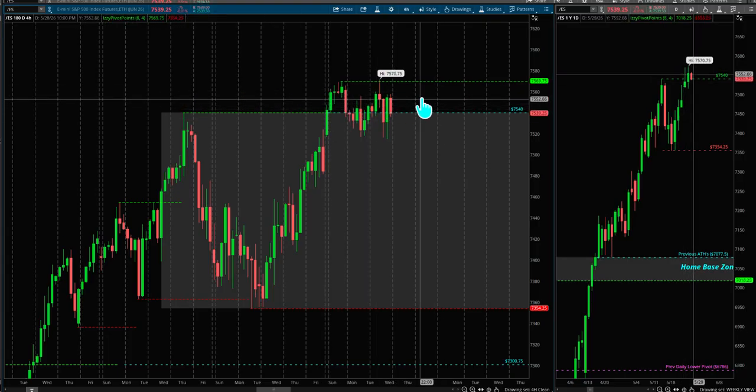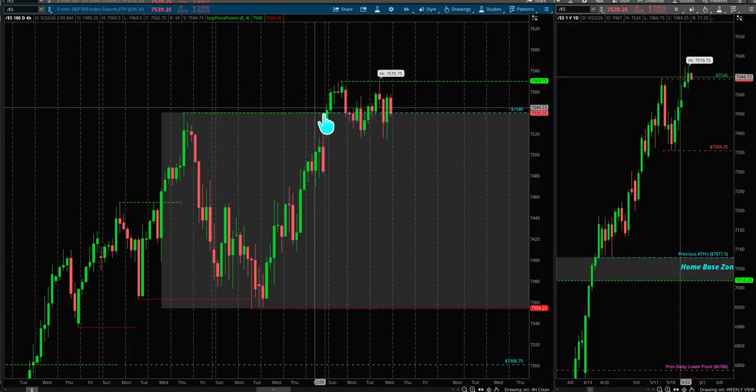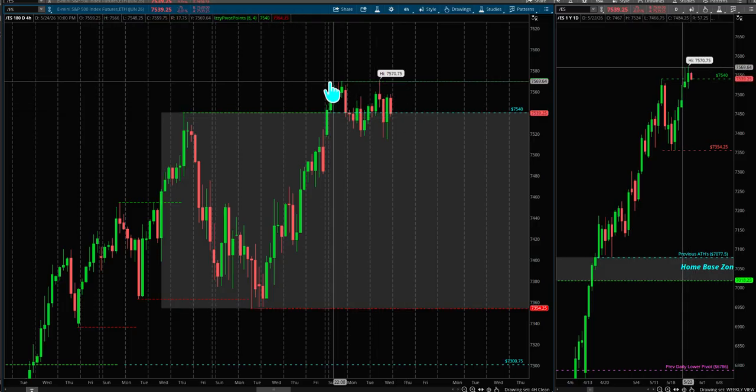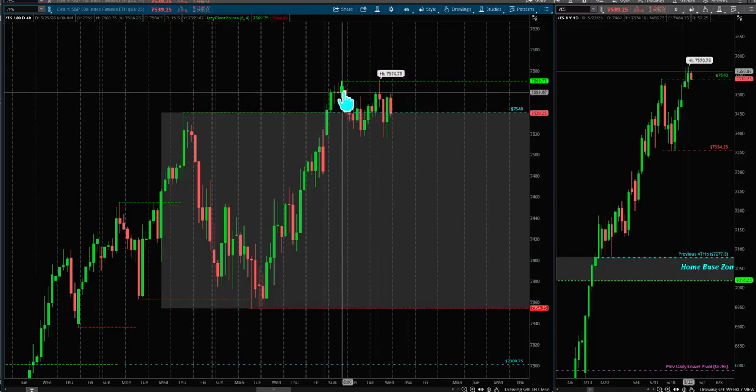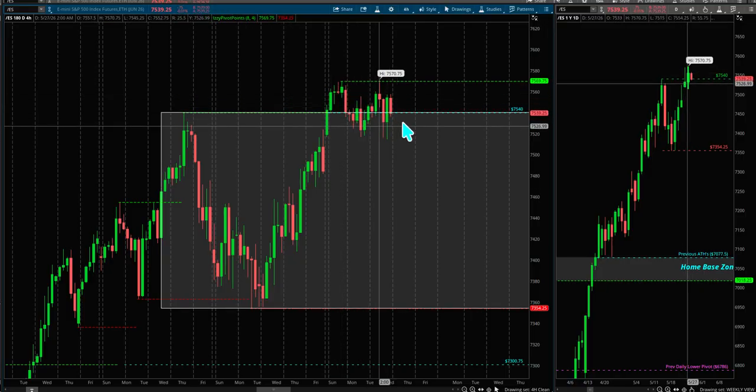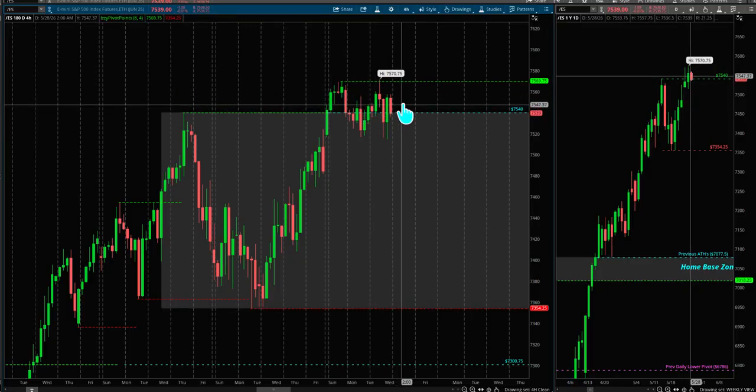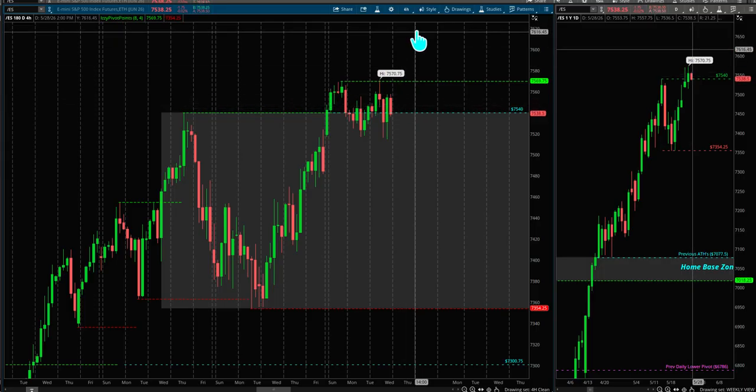Maintaining above 75.40 indicates to us that the market is maintaining in the upper part of the 4-hour range. Maintaining in this upper part of the 4-hour range is a good sign. However, we want to see some follow through higher. That's the best case scenario for bulls.